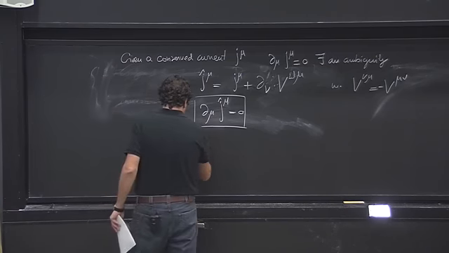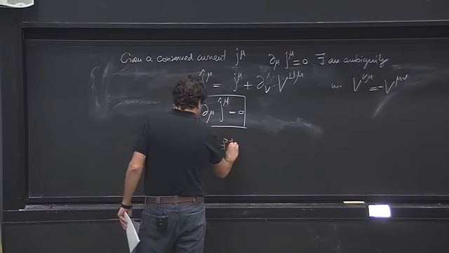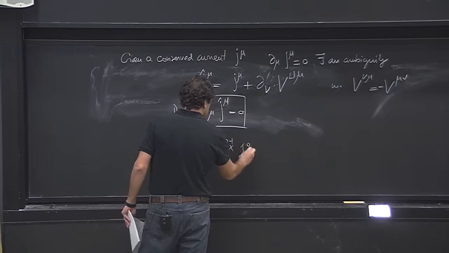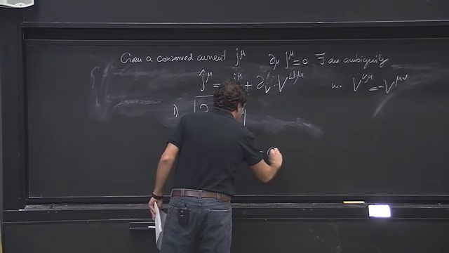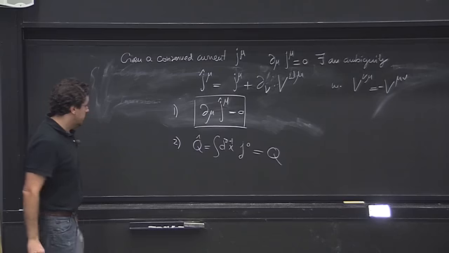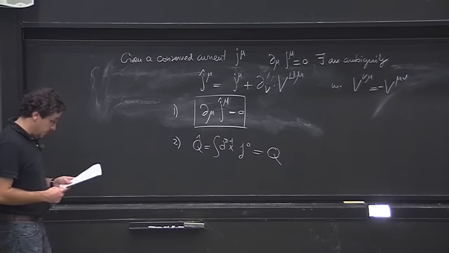So if now I construct my new charge, since the difference is a total derivative, you find that the original charge is the same as the improved charge.